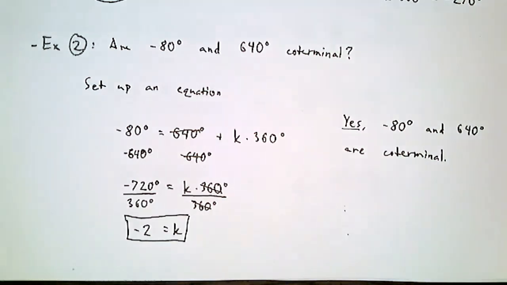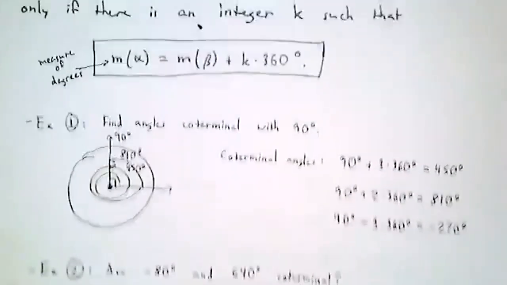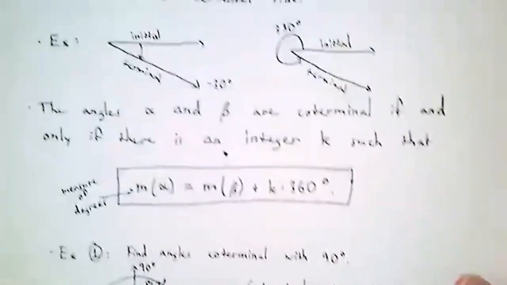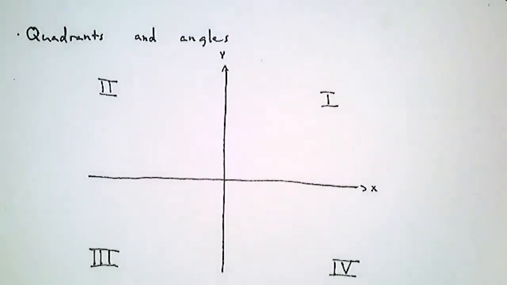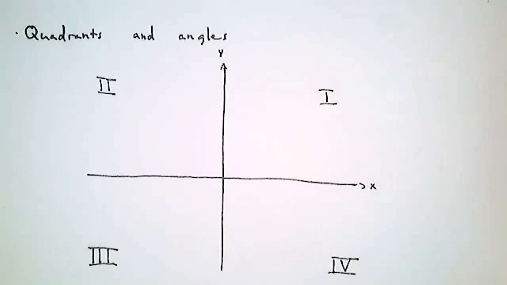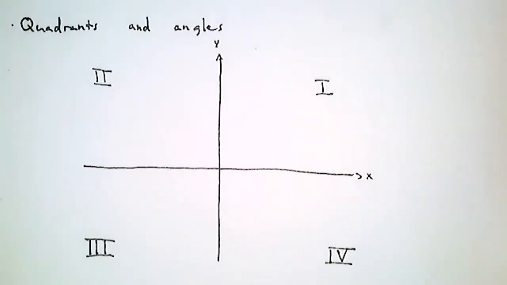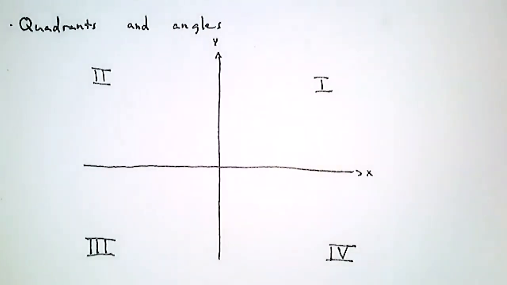Any questions? So let's talk for a second about quadrants. So quadrants are something that you would have learned about maybe in your Algebra 1 class, the first time you took algebra. And this is how they're labeled.